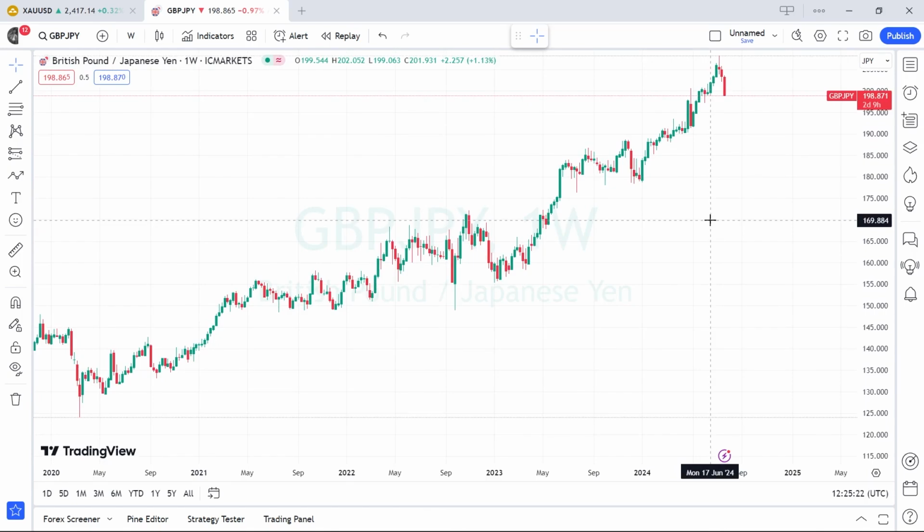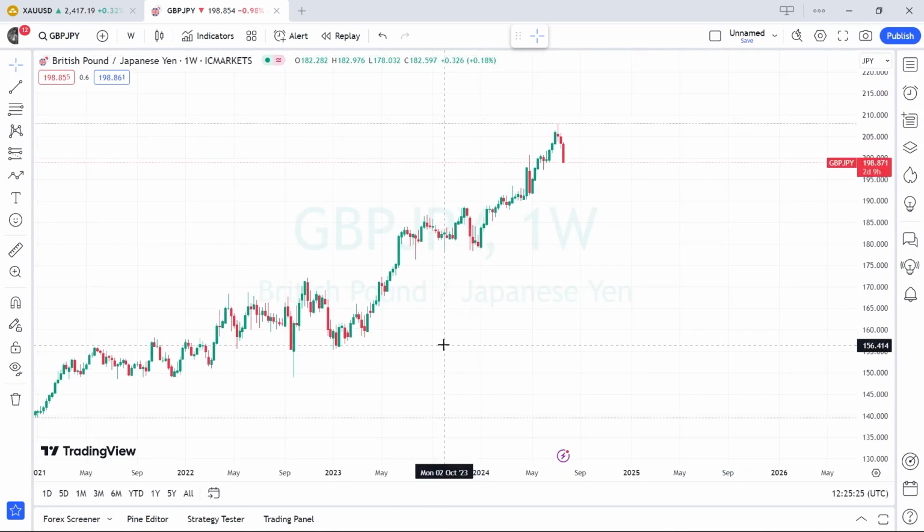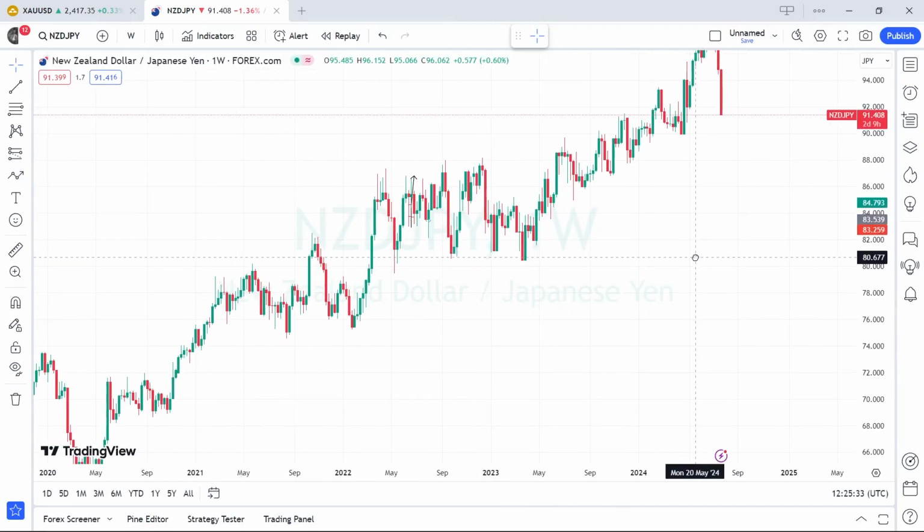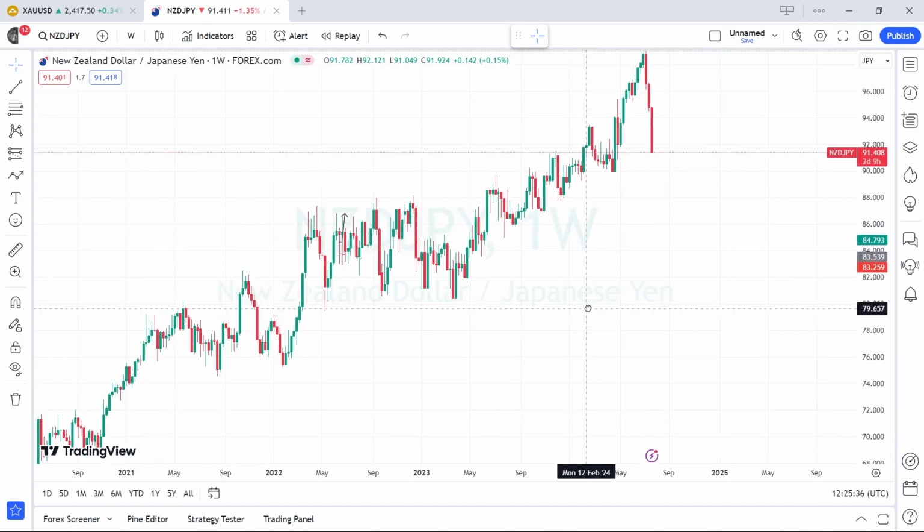Look at another economy, like using NZD JPY. You see the same story here, though the trend here has been quite not so clean. Of course, again, this is not just a difference in the interest rate, but rather a difference in the size of the economy. As you've seen, the USD JPY had a bigger and longer uptrend because of the difference in size of the two economies. And on top of that, the rate differential was so high.